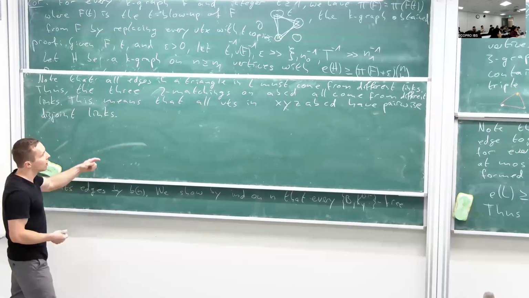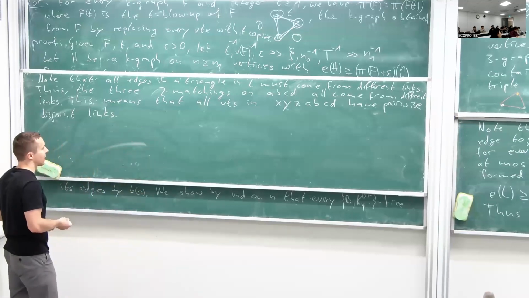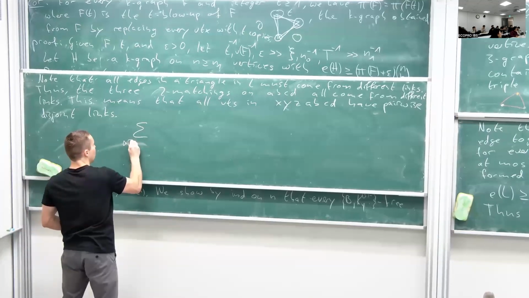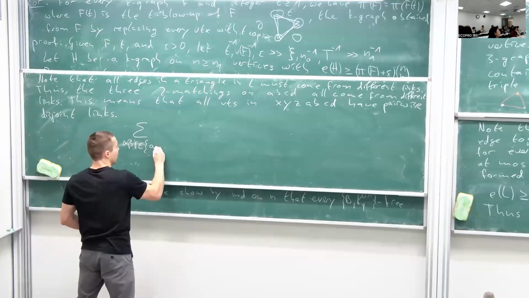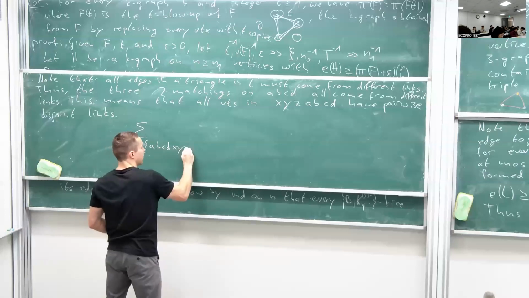Okay, so now let's look at the following sum. We go over all alpha, beta, gamma in the 3-subsets of these 7 vertices.